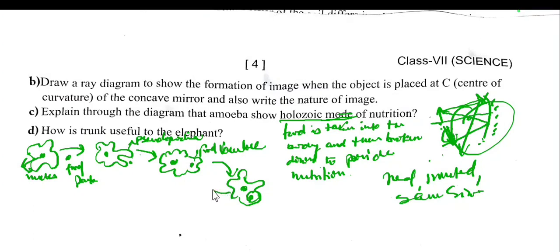Now it is moving in the next direction. The food has been absorbed, and now undigested food is being ejected. So you may draw it in a proper way, and you have to explain it as well.